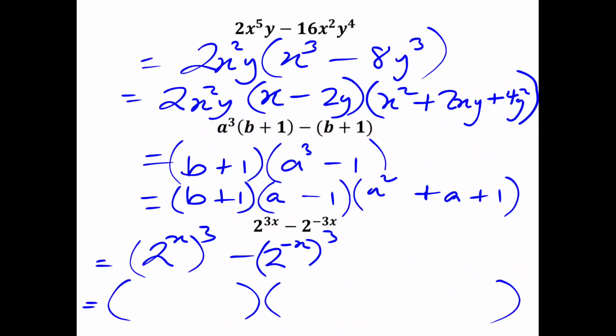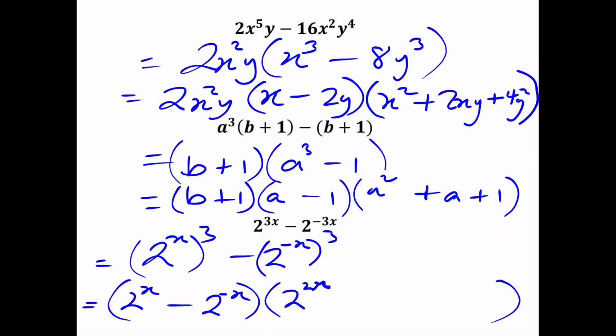The binomial will be the cube root of 2 to the power x cubed, which is 2 to the power x, and then minus 2 to the power minus x, the cube root of 2 to the minus x cubed. And then squaring the first one, we get 2 to the power 2x.